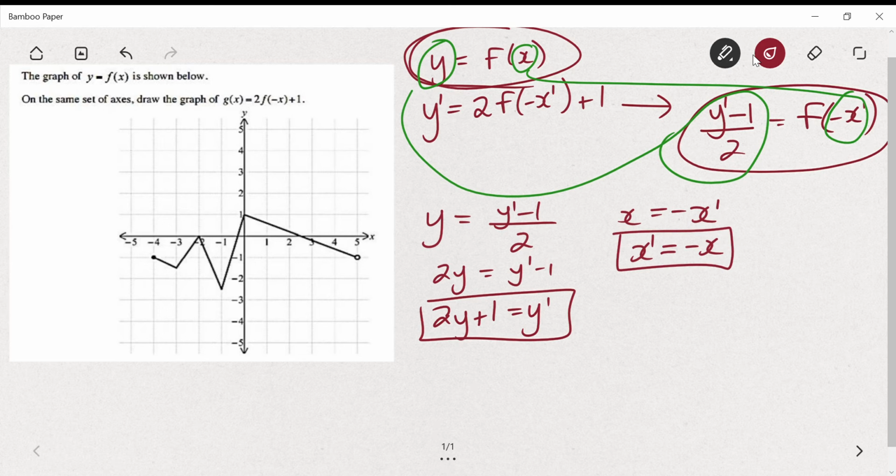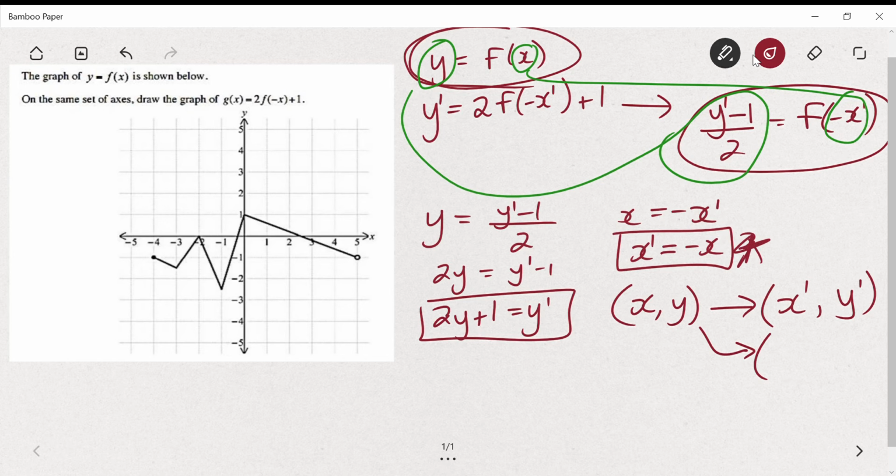What have I just found by doing that? I've found that every point x, y on the original graph has become the point, normally you say it turns into x prime, y prime, the image point. So here then, instead of x prime, we write minus x, and instead of y prime, over here we've worked out that it's 2y plus 1.